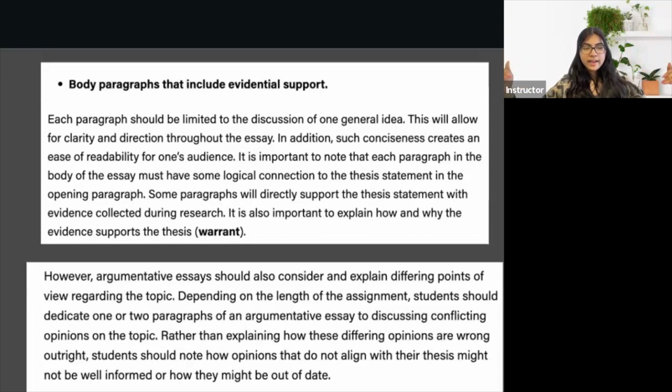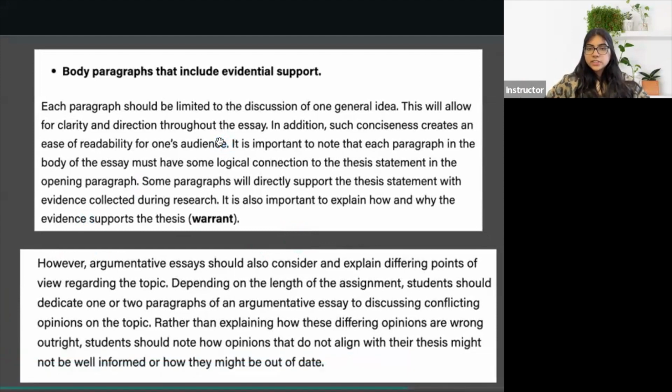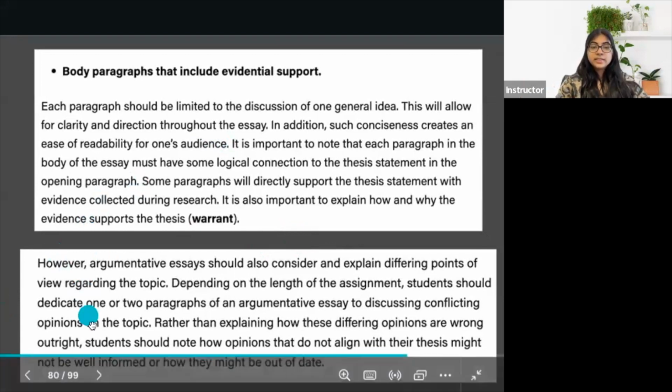And then under that, in your body paragraphs, you might have 2 to 3 supporting details per paragraph. However, argumentative essays should also consider and explain differing points of view regarding the topic. Depending on the length of the assignment, students should dedicate 1 or 2 paragraphs of an argumentative essay to discussing conflicting opinions on the topic.